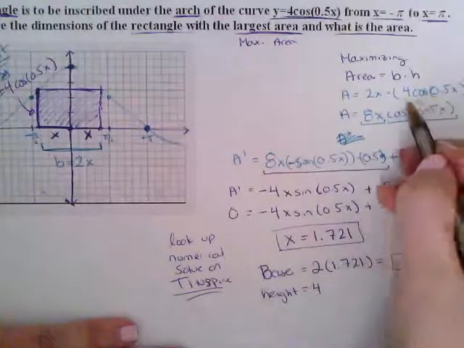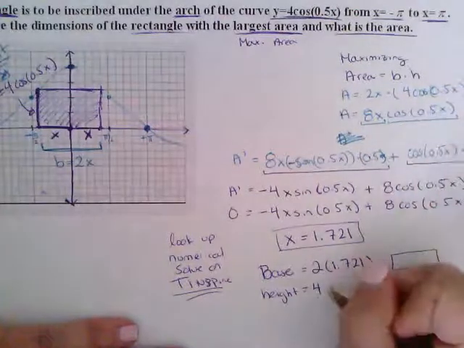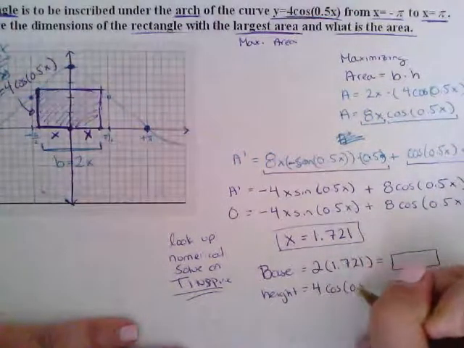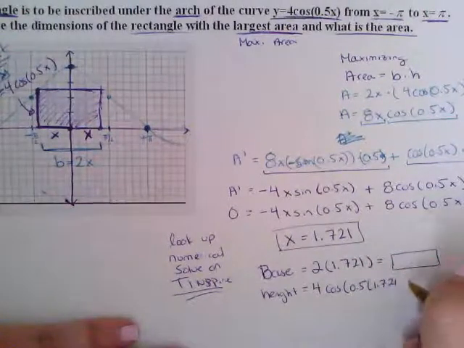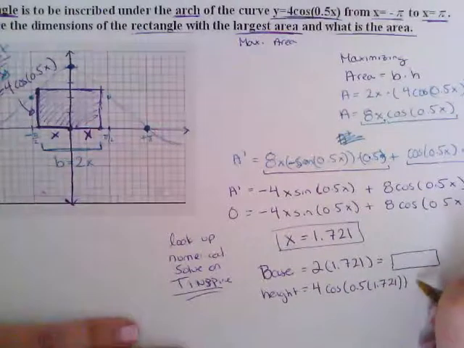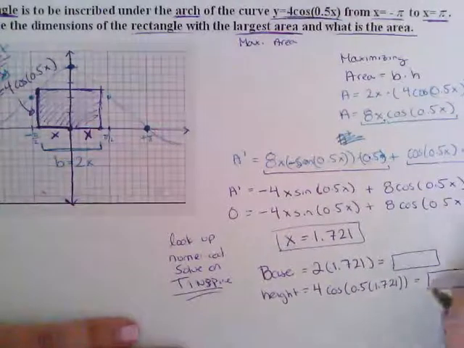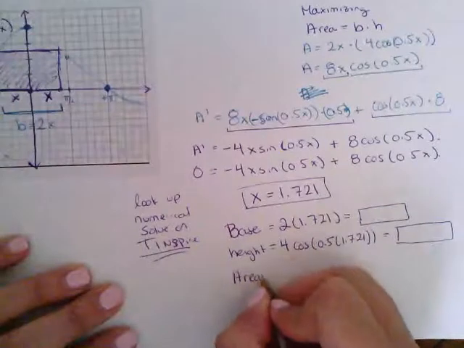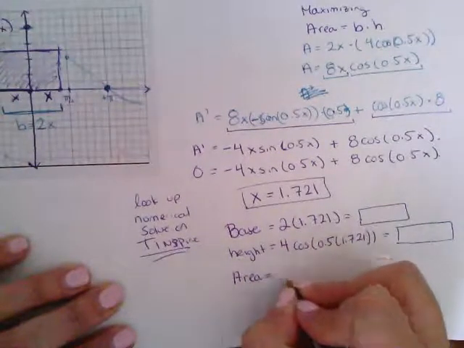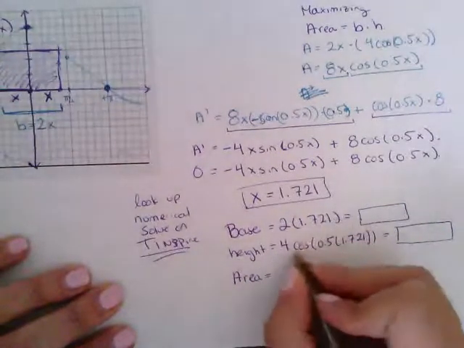what is our height equation? It's right there. So it's going to be 4 cosine of 0.5 times 1.721. You do that, you get your answer. And then the last thing is, what is the area? And the area is going to be this times this.